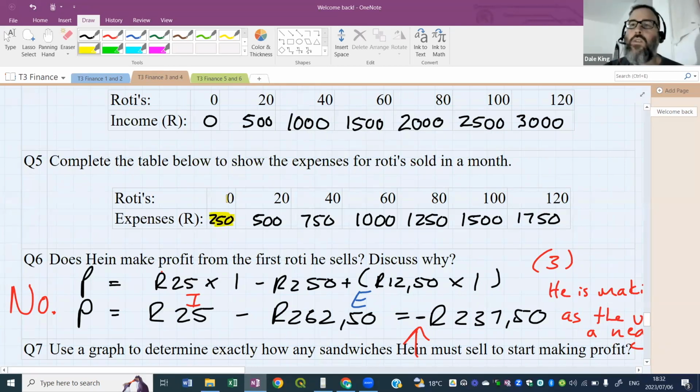When you're making 0 rotis and you still have fixed expenses, that causes a problem. You've got to make a lot of rotis to get over those fixed expenses. That is another reason why he will not make profit: his fixed expenses are very big compared to the price of his rotis, and he has to make a lot to overcome them.